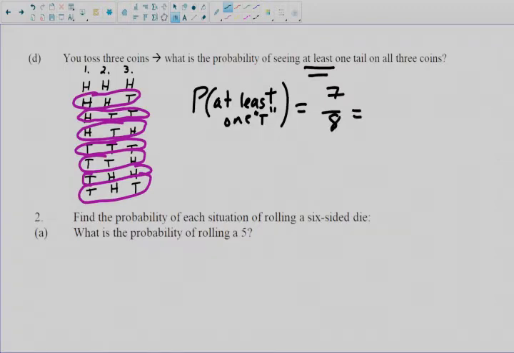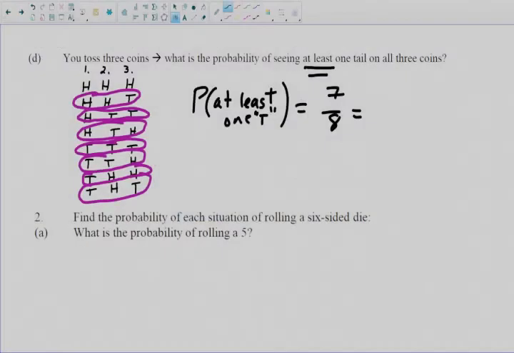And if I switch over to my calculator again, what is 7 divided by 8? That is 0.875. So 0.875 is my decimal answer.